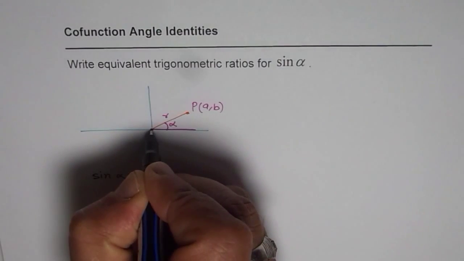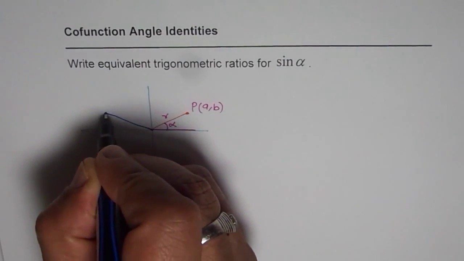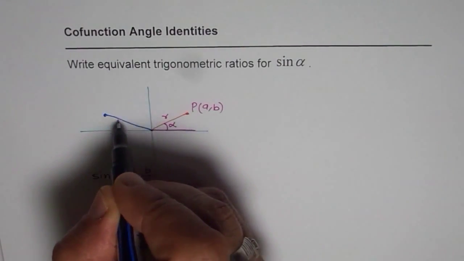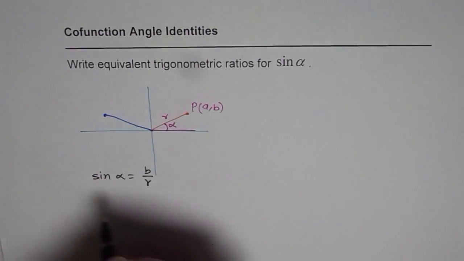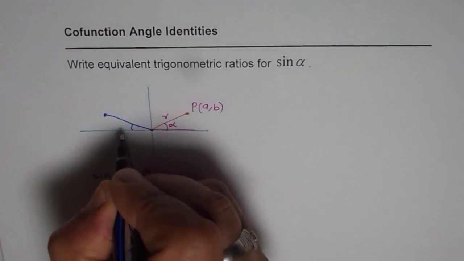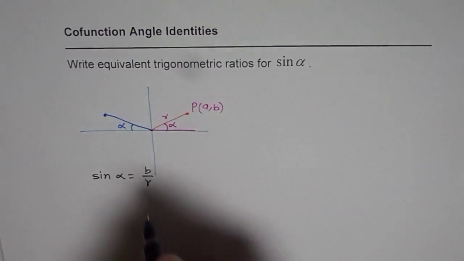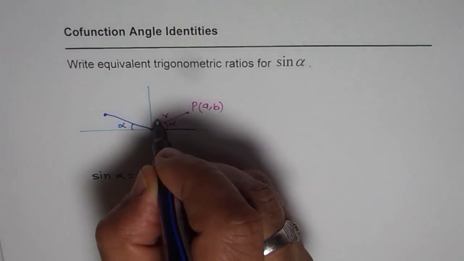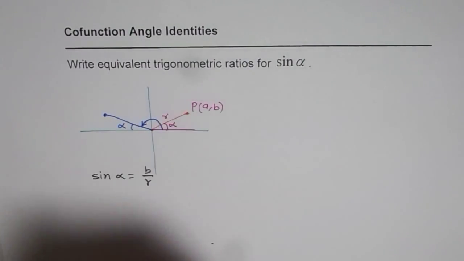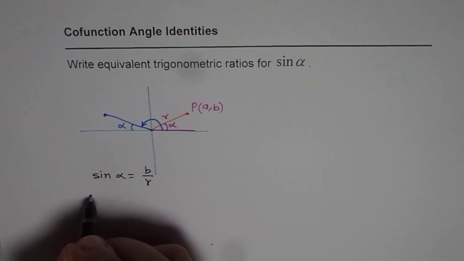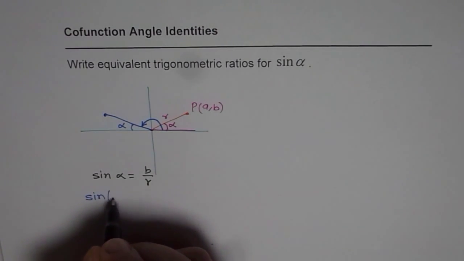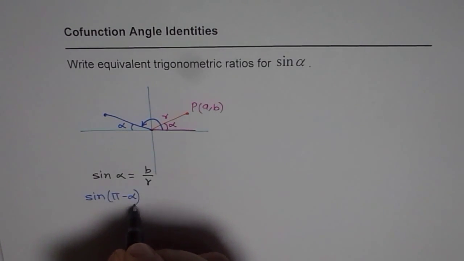So if I am in quadrant 2, let us say like this. So same point rotated so that the rotation is in a way that we get to this angle which is alpha. Now in this case the principal angle is pi minus alpha, right? So here we have sine of pi minus alpha, right?